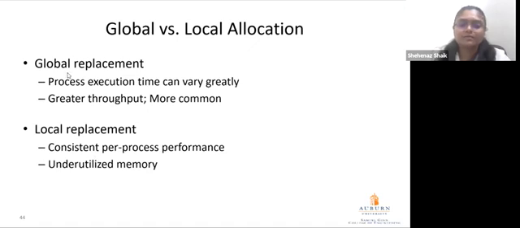Whereas when we implement the global replacement policy, naturally the number of frames allocated to each process may vary over the execution of the process itself. So that is one other aspect that we may want to be aware of. These are the two different replacement or reallocation policies. Do we have any questions here?